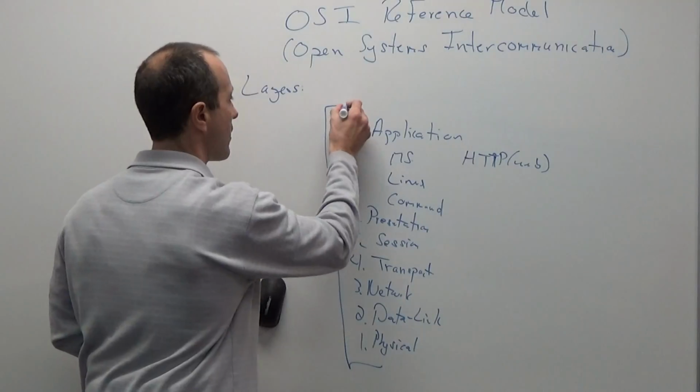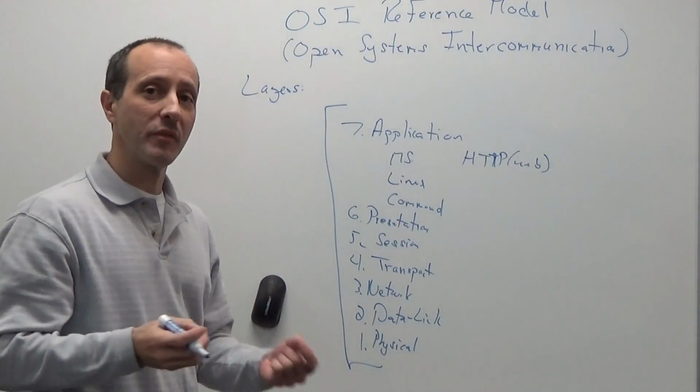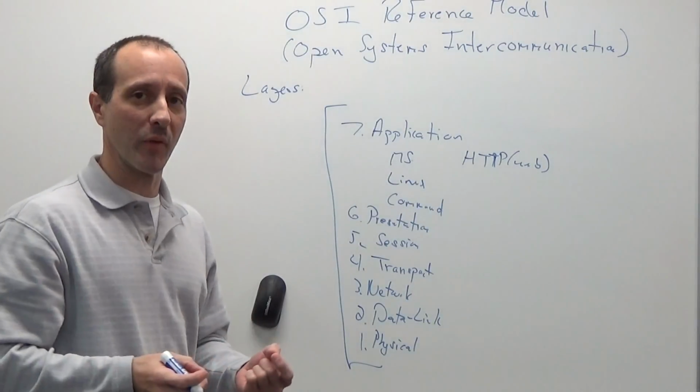Now all of these layers play a very specific role when two devices on the network are communicating with one another.